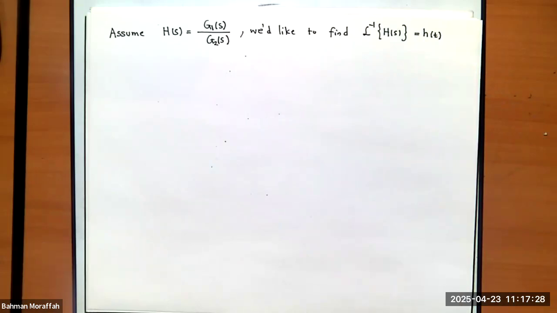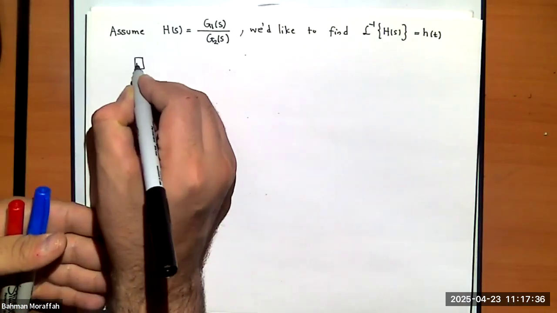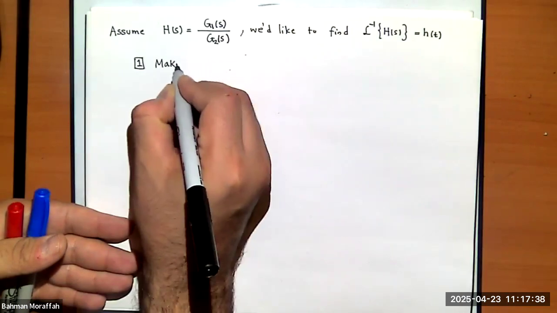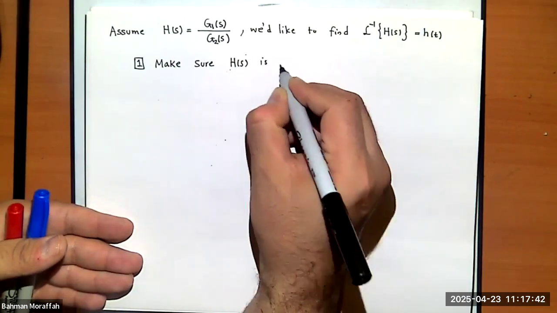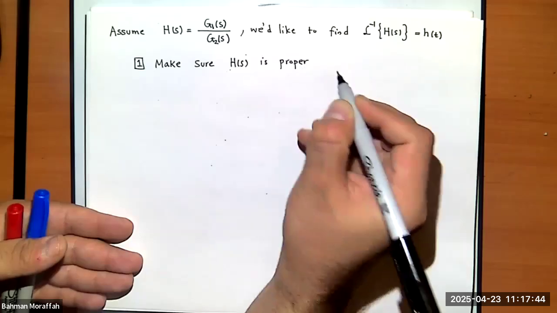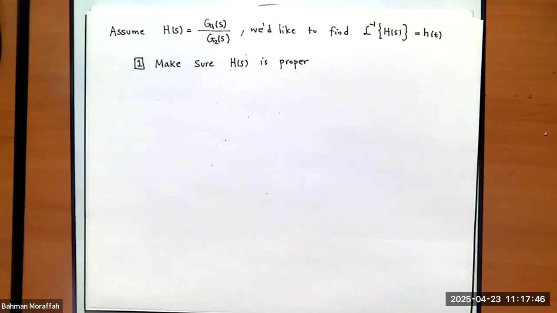The first step to do that is to make sure this H of s is proper. We define a proper function to be a function where the numerator has a smaller degree than the denominator.